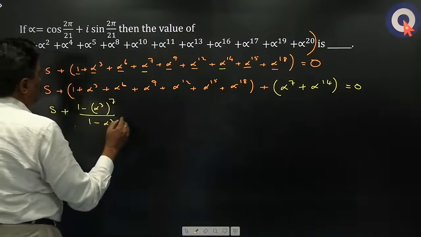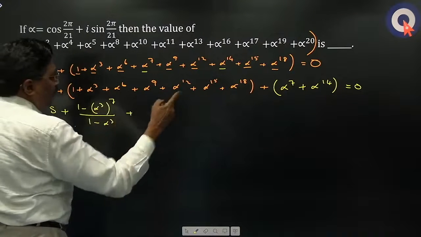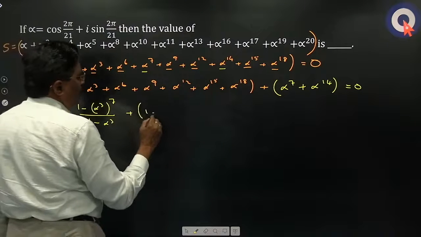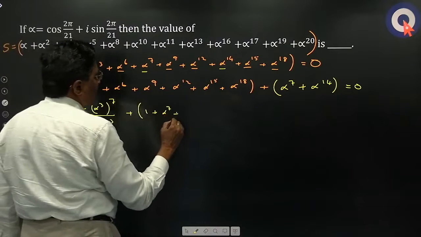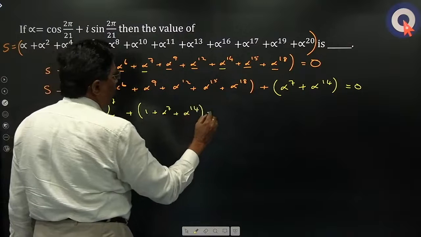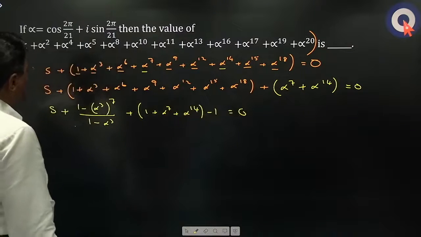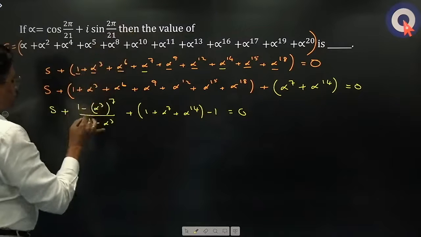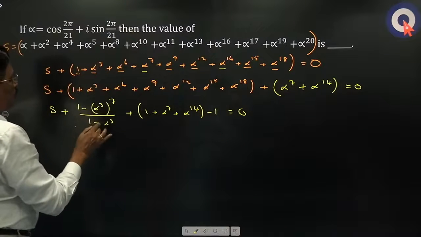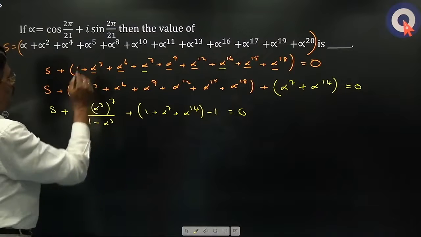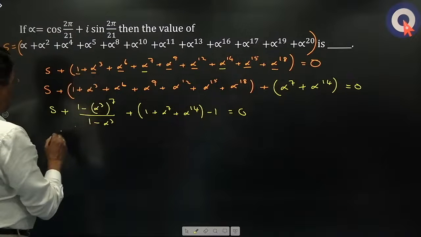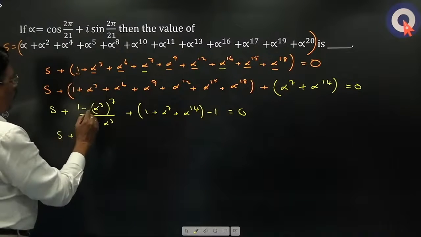1 minus alpha cube plus, here I will write this as 1 plus alpha power 7 plus alpha power 14 minus 1 is equal to 0. Now 3 is not prime to 21. So therefore s is s plus 1 alpha power 21.